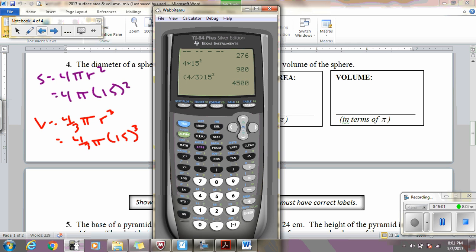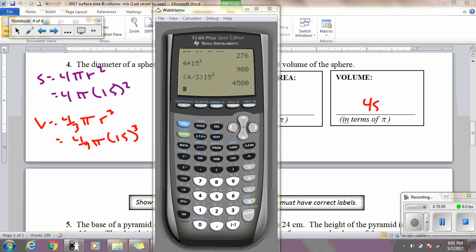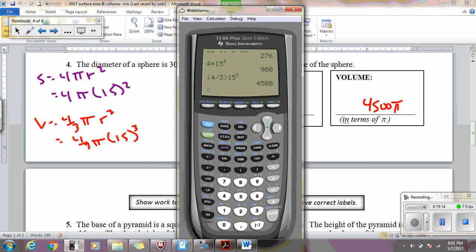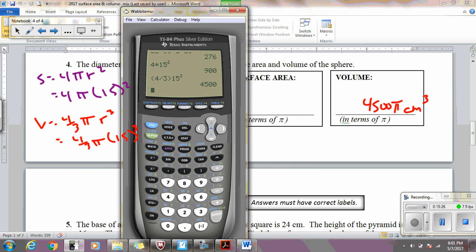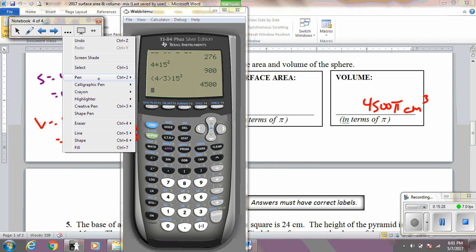All right, let's write both of these down. First, the volume, 4,500 pi. Are we still in centimeters? Yes, we are. 4,500 pi centimeters cubed. And then the surface area was 900 centimeters squared.